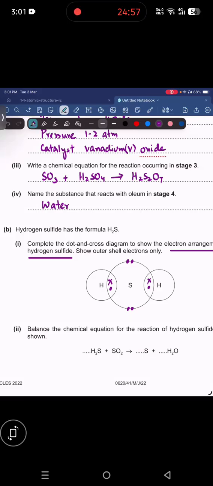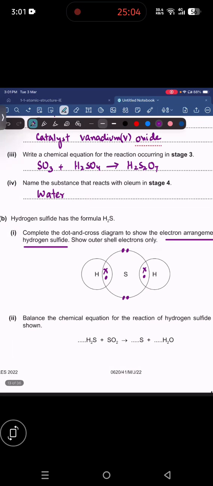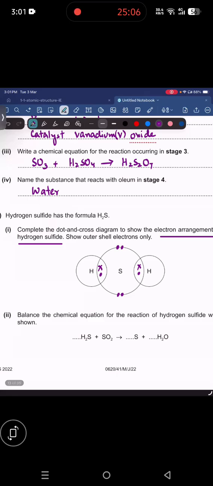So here is the dot and cross structure of hydrogen sulfide. Now we have to balance the equation. Shayan, please balance this equation quickly.